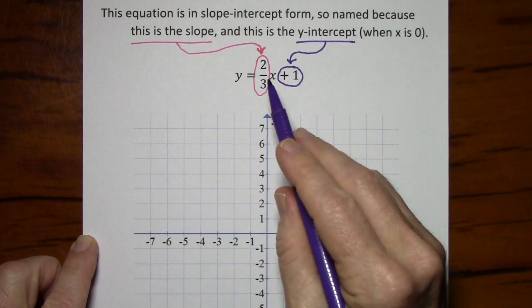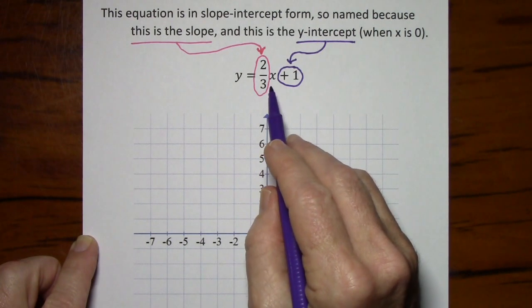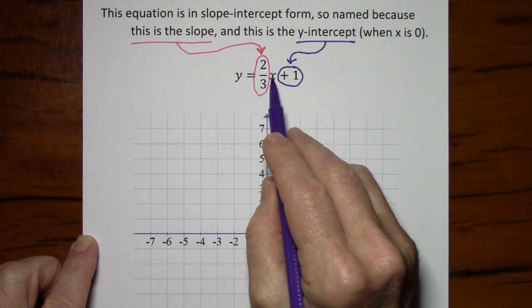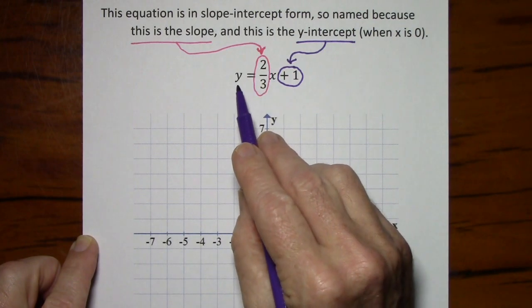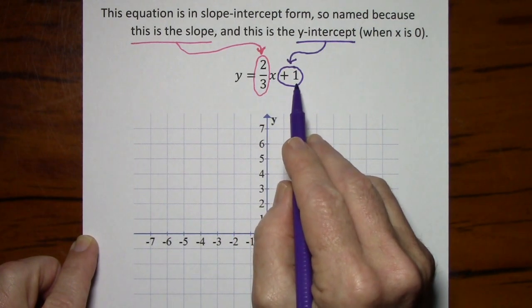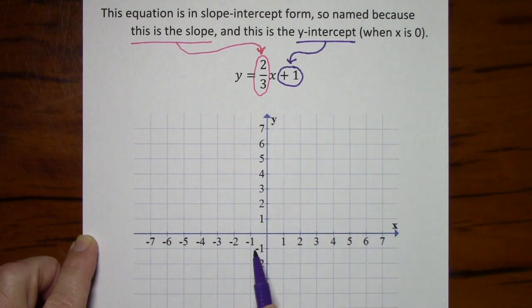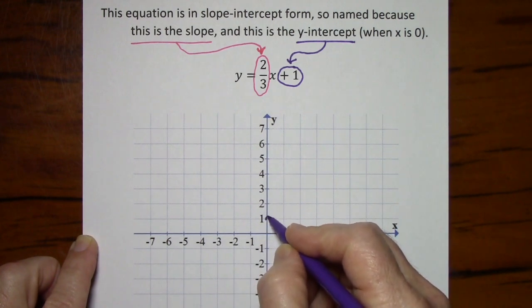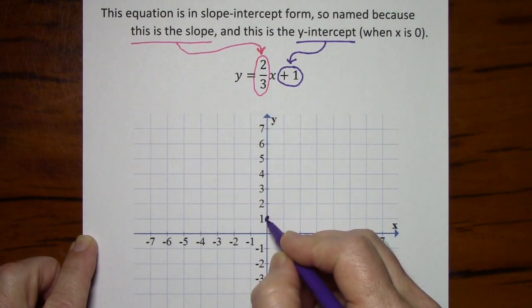So if this x is 0, this becomes 0, and you have y equals positive 1. So when x is 0, no back and forth, y is 1. That way you get on the graph.